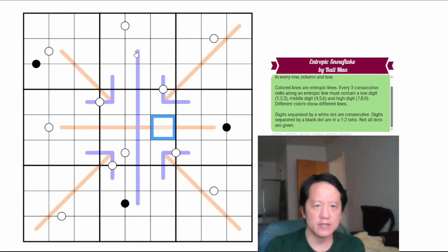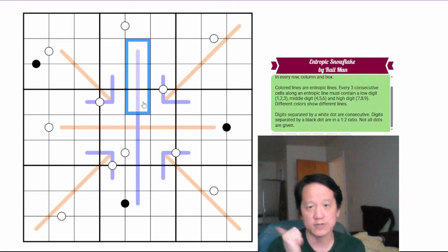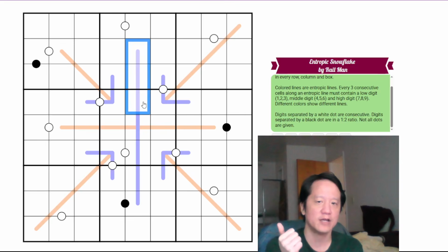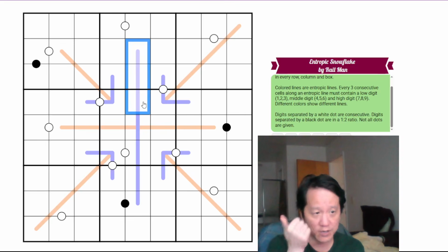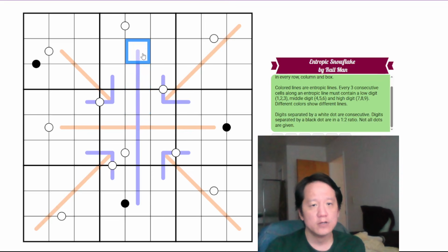For an entropic line, every third cell on the line will be of the same set. The reason you know that is, say you have 3 digits here. These are all going to be different sets because every 3 consecutive digits on that entropic line has to have one of each set.